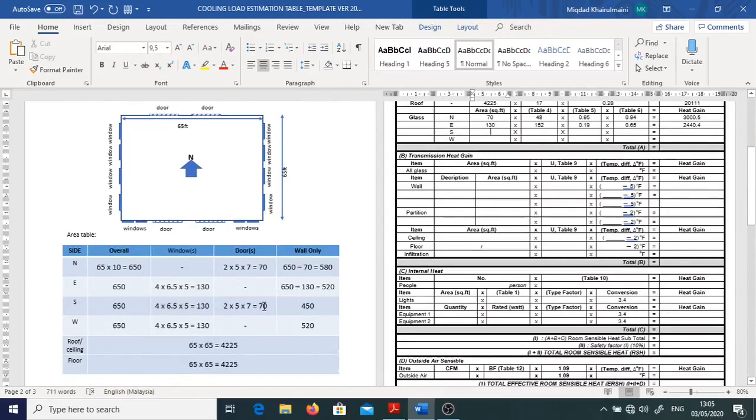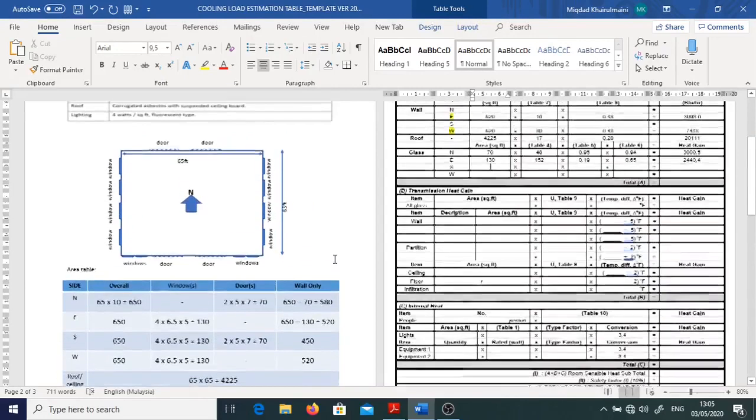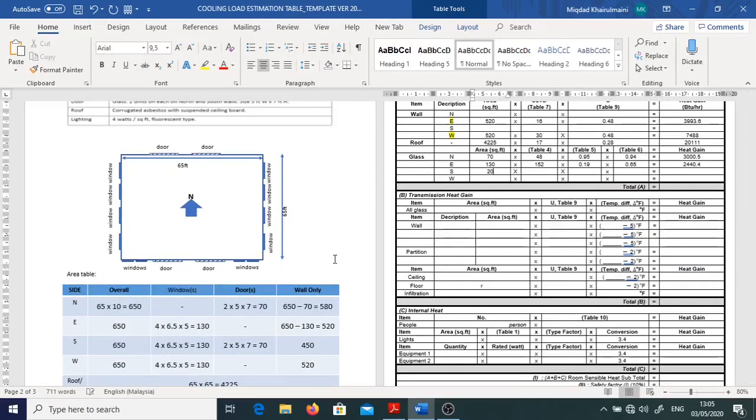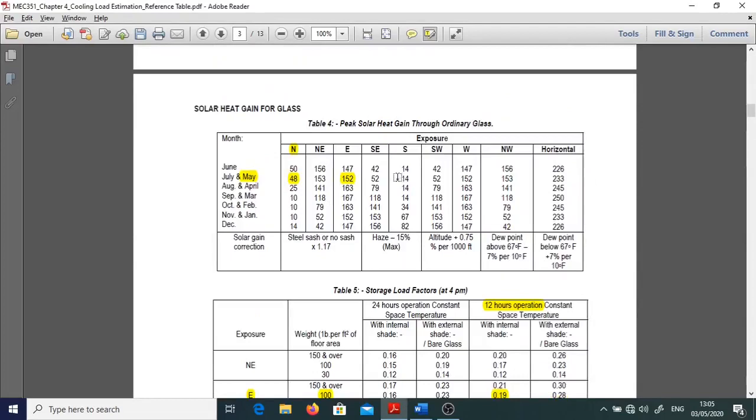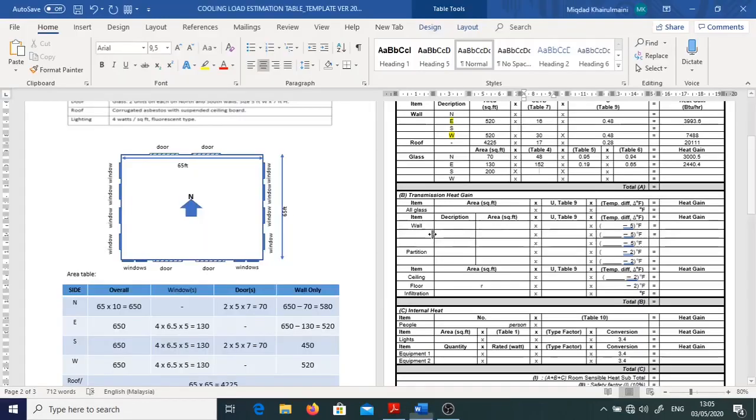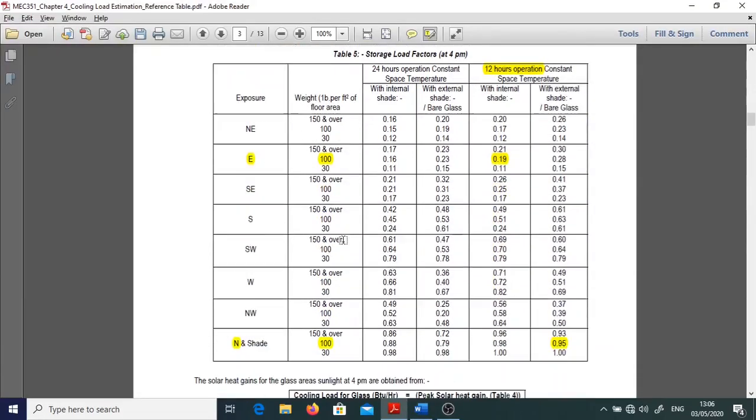For the south, we have windows made of glass, we have doors made of glass, so we have to add them up. So 130 plus 70, we get 200. From table 4 again, this time for south, so south is 14. So we fill in 14 here. For table 5, the cooling load factor for south, we have internal shade.